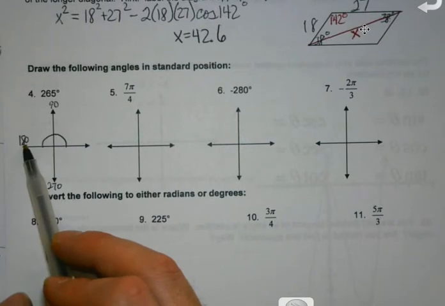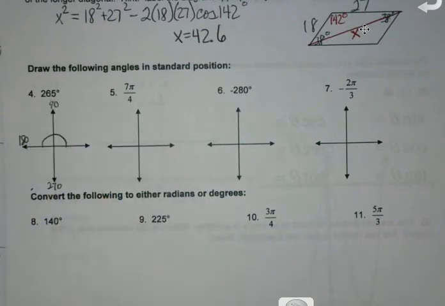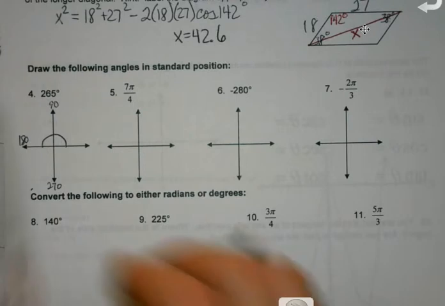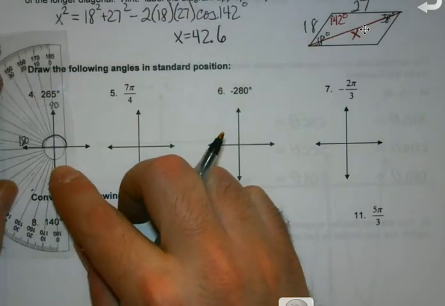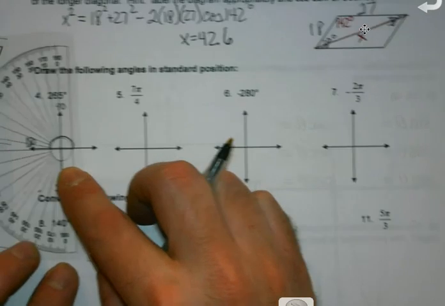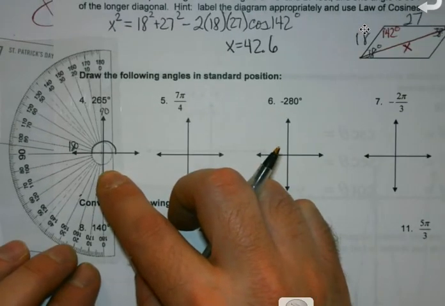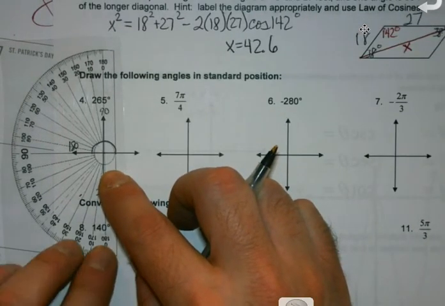I'm at 180 as of right here. I need to get to 265. 85. I've got to scooch over a little bit because I'm not even going to fit. All right. So I need another 85.